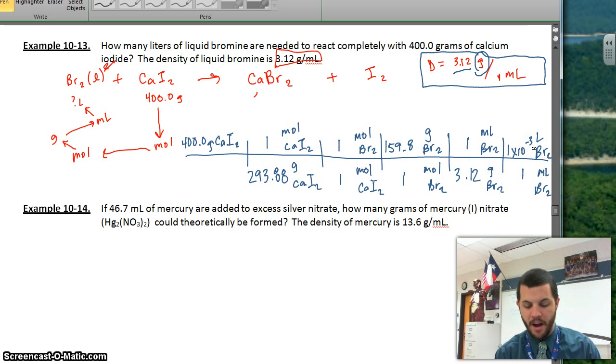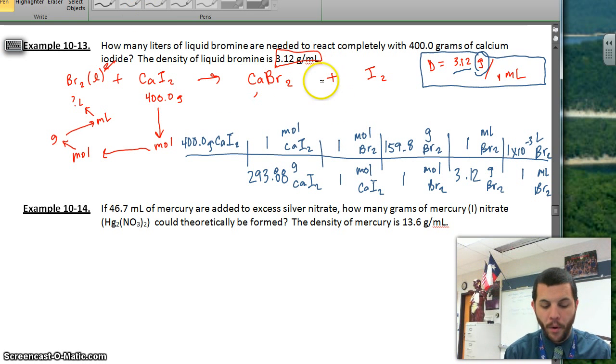So now all I got to do is solve 400 times 159.8 times 1 second E negative 3, enter, divided by, open parentheses, 293.88 times 3.12, close parentheses, enter, and I get that it takes 0.06971 for sig figs liters of bromine to react with that amount of calcium iodide.